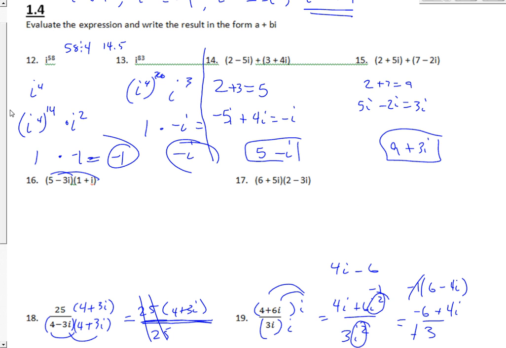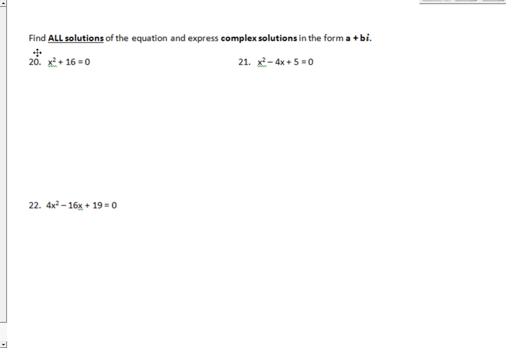Okay, moving on to number 20. This says find all solutions of the equation, express complex solutions in the form a plus bi. Since I am finding all solutions and I may have complex solutions, I need to look at these to see if I could factor any of these.